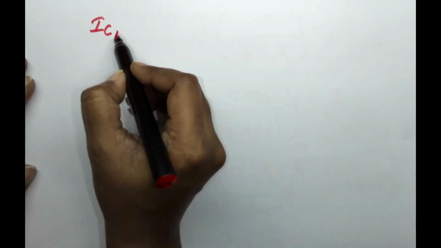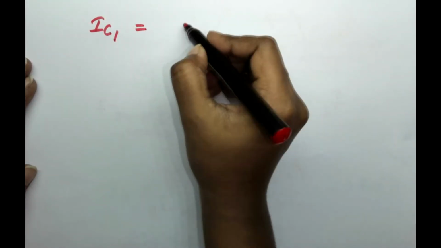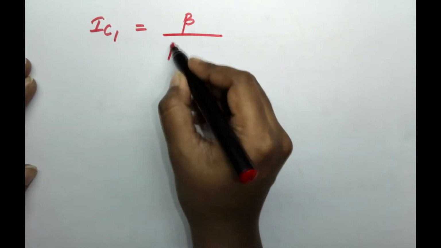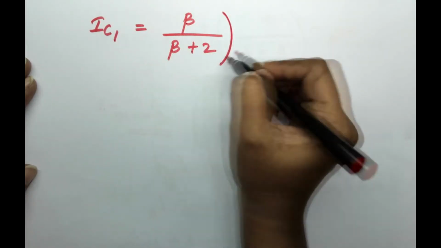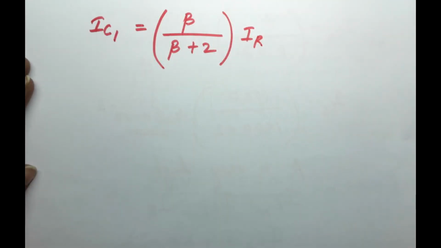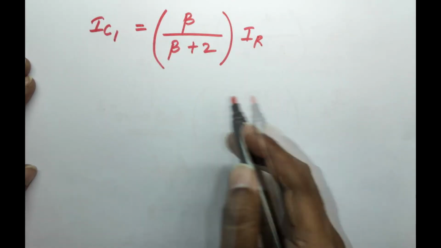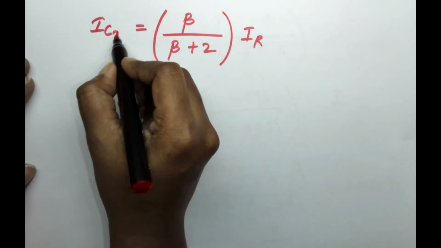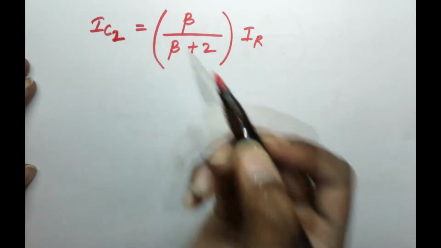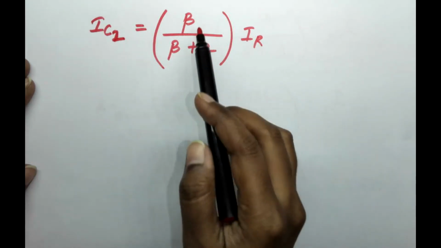That is written as beta divided by beta plus 2 into IR. For this specific circuit, to find out what is IC2, IC1 is anyway equal to IC2, so they are the same. So the formula is beta by beta plus 2 into IR.